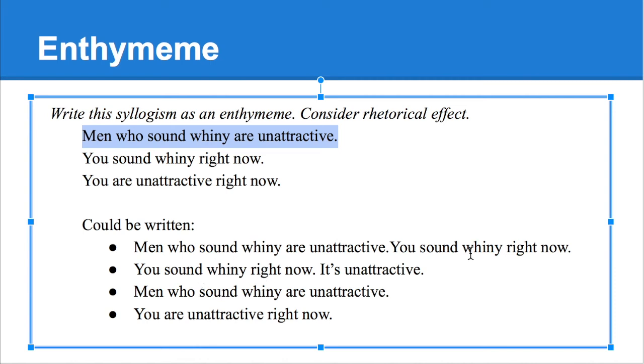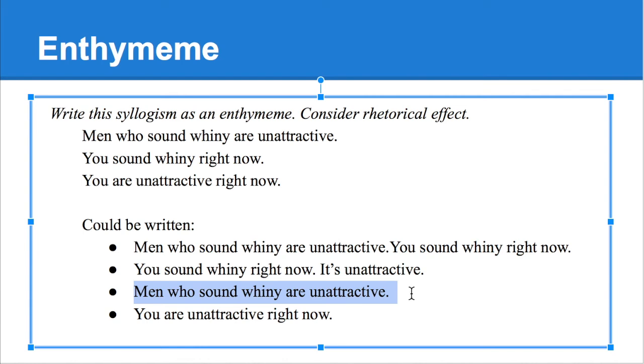And that makes sense. So this one is direct and very logical. It feels very logical to me, at least. Now, what if you said just one? This one just says the major premise. Men who sound whiny are unattractive. It just says it. And if you're the boyfriend or the husband, you can make the inference yourself.